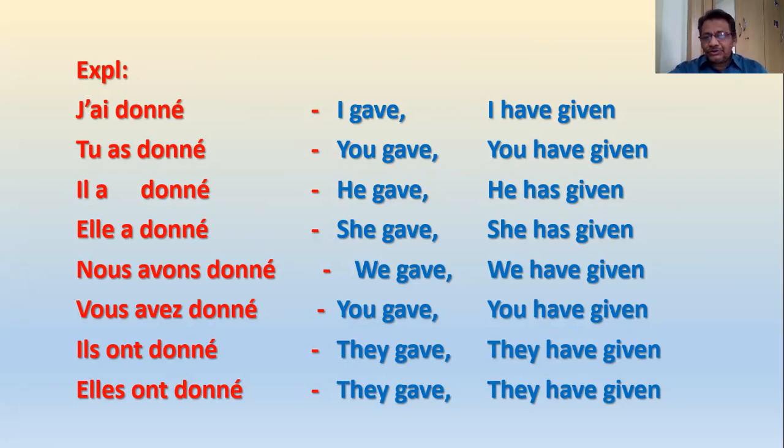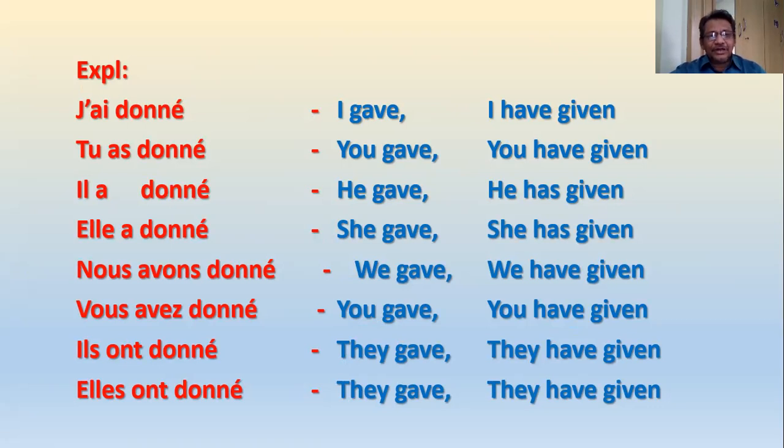D'abord, on doit bien sûr écrire le sujet et après conjuguer le verbe auxiliaire avoir ou être au présent et après le verbe principal doit être utilisé sous forme de participe passé. C'est comment on écrit une phrase en passé composé. Le sujet, le verbe auxiliaire et le participe passé, the verbe principal. That is how it is written.